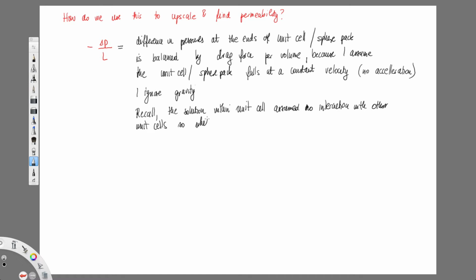So whether I look at one unit cell or multiple or a packing, it's all the same.